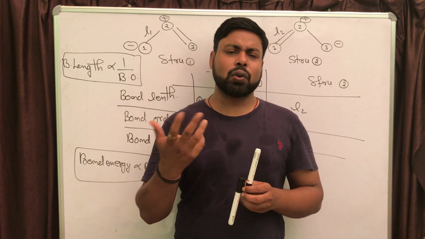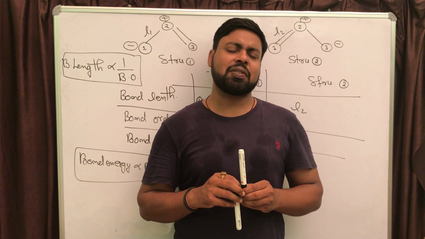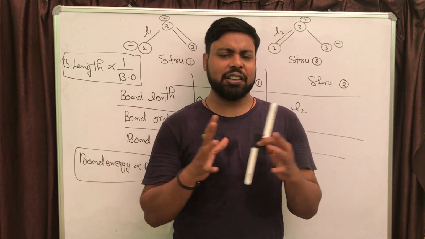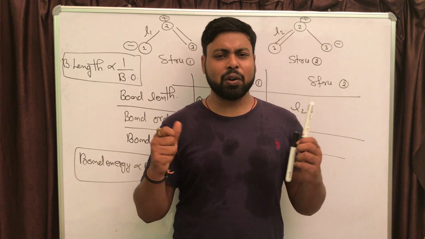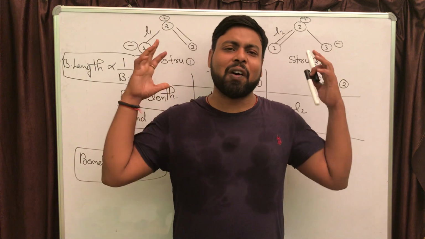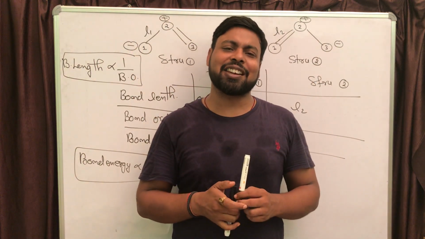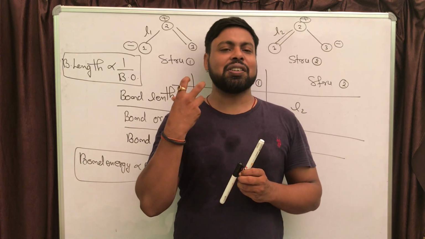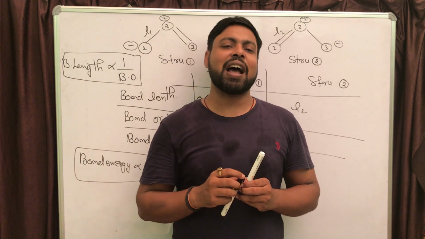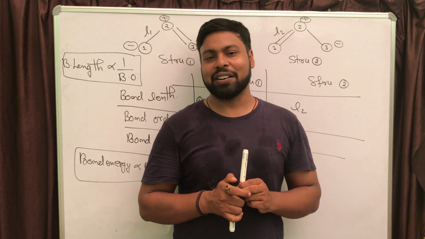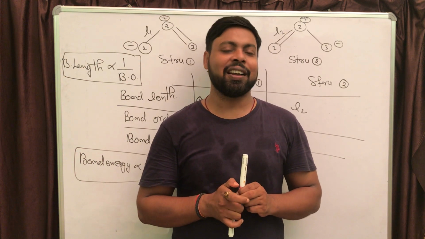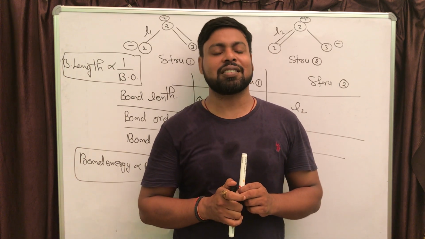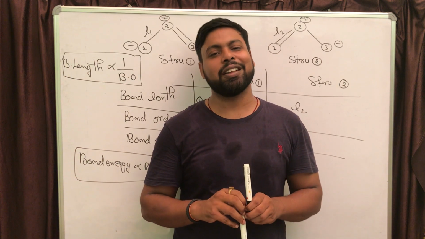To draw the actual existing structure, we are going to take an average, or draw a mix-up of all these resonating structures. That particular average or mix-up structure is known as the resonance hybrid. The resonance hybrid structure is the real existing structure, and that can explain all the properties.